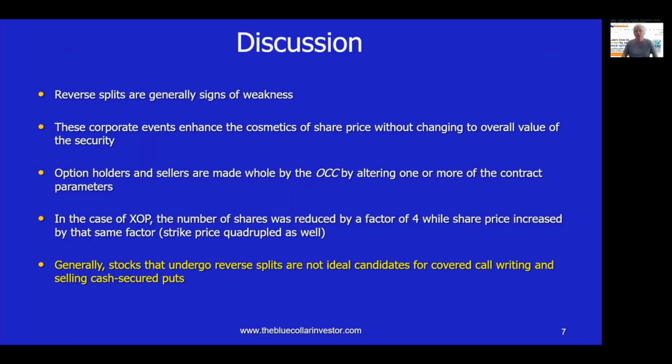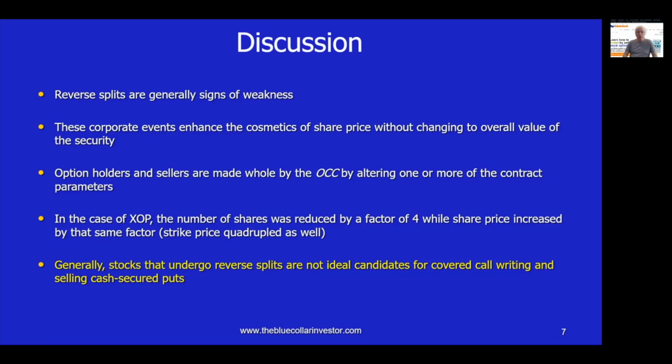Now, these corporate events, the reverse stock split, enhance the cosmetics of the share price without changing the overall value of the security. It's important to know. It's not like you get a windfall because the price quadrupled. No, the number of shares is quartered.